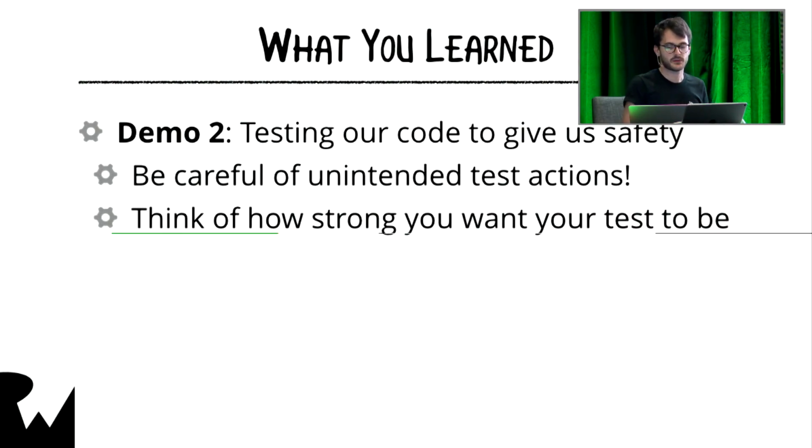So in demo 2, we tested our code to give us safety. We didn't actually do the be careful of unintended test actions, but I think that's in the documents, which you can read. And we also think of how strong we want our test to be. The stronger the test, the harder it is to change. But the weaker the test, the less confidence we have that it's actually going to catch something.